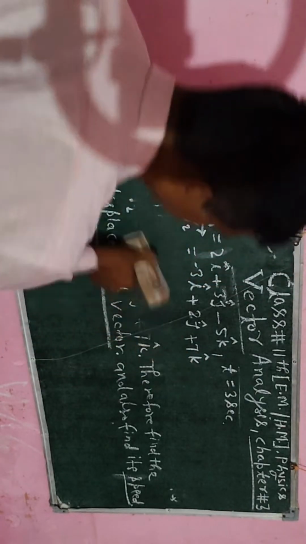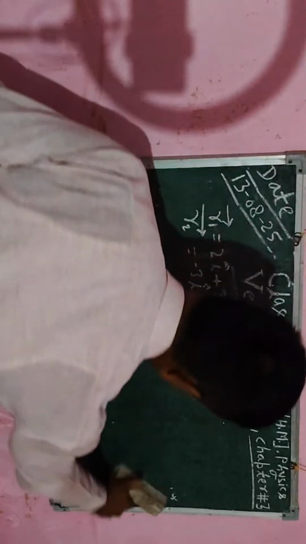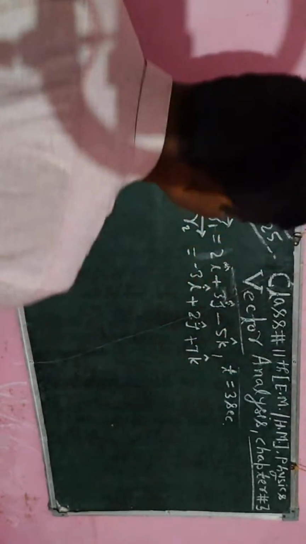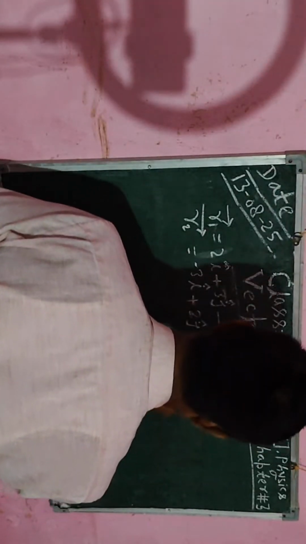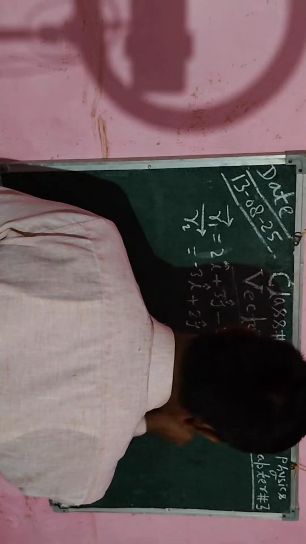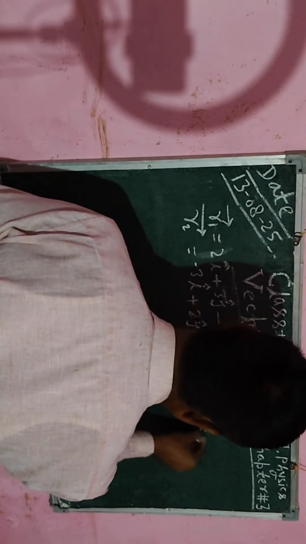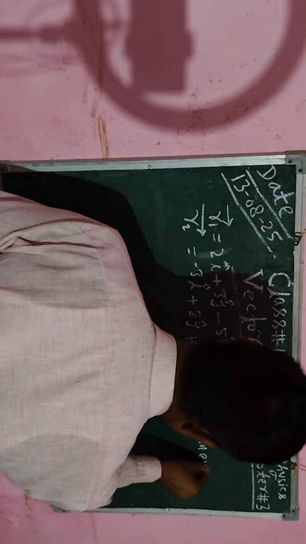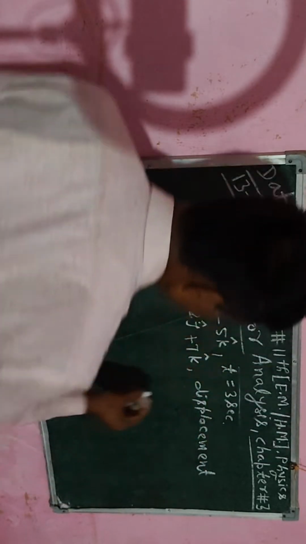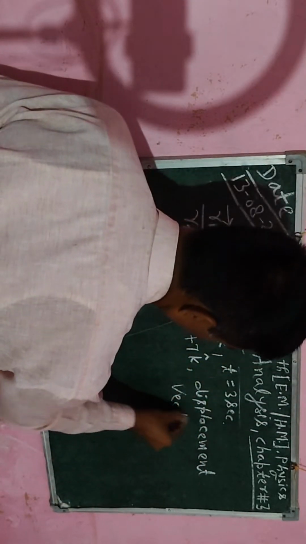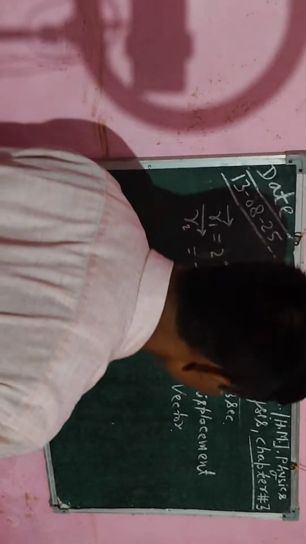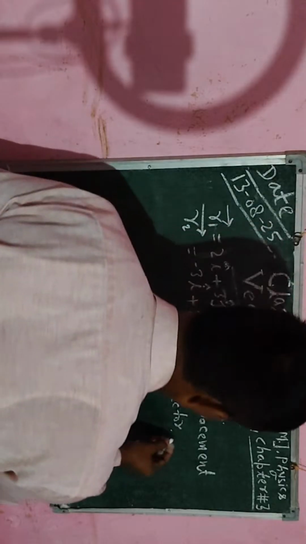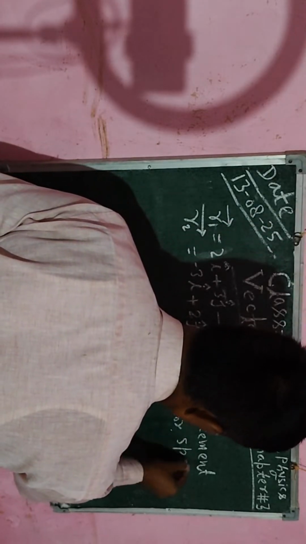Now the question is that we have to find the displacement vector, and next the speed of that object.